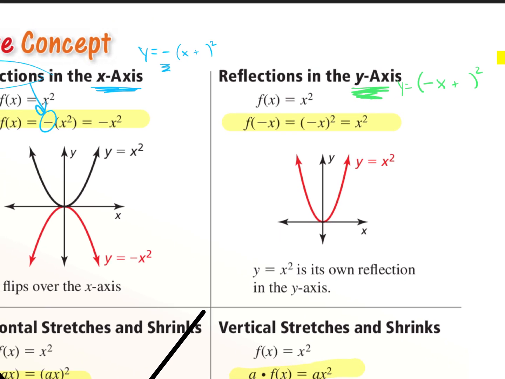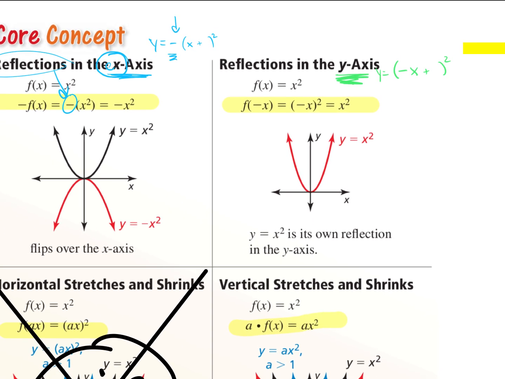One easy way to remember if you're reflecting on the x-axis or the y-axis is you always want to keep your ex-boyfriend outside the house. So if you have a negative outside the parentheses, that's on the x-axis. Think your x's stay outside of your house. You don't let the x's inside the house. So if you have a negative on the outside, it's a reflection on the x-axis.